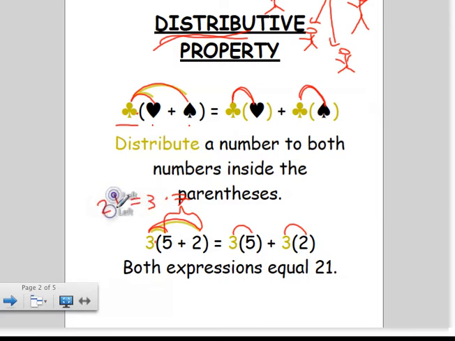That equals 21. But if I use the distributive property and say 3 times 5 plus 3 times 2, it should equal the same thing. 3 times 5 equals 15, plus 3 times 2 equals 6. 15 plus 6 also equals 21. Both expressions equal 21. So I'm trying to convince you that the distributive property is a property of numbers that will always work to have the exact same value.